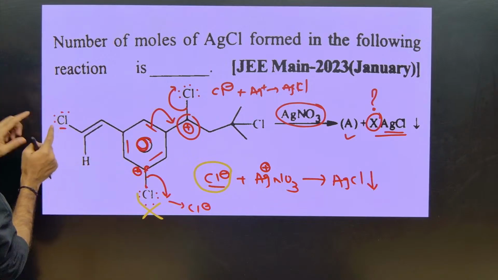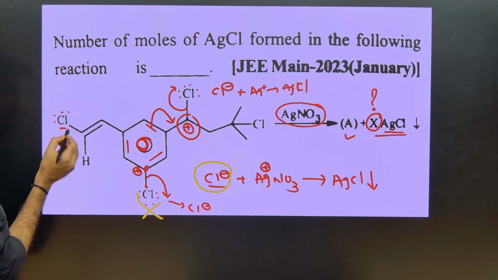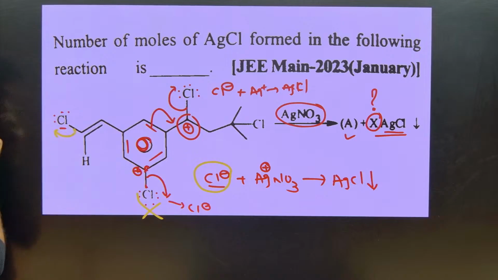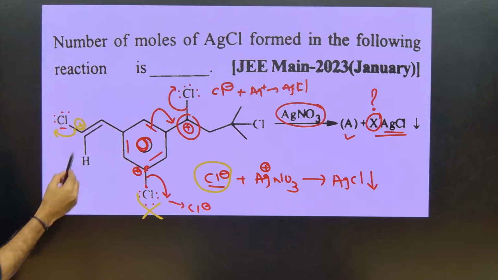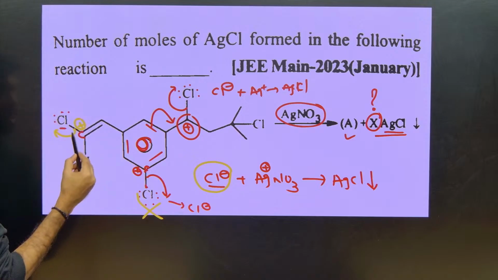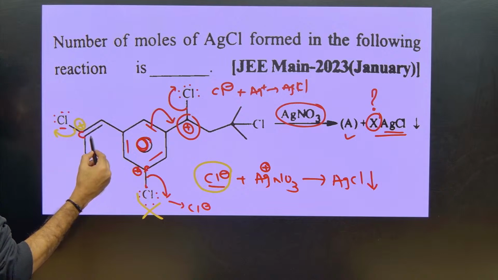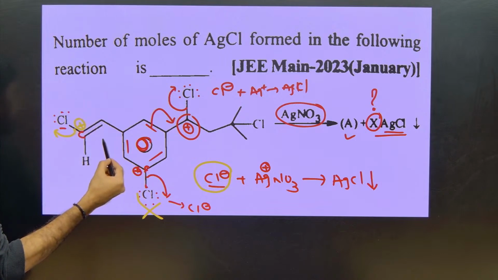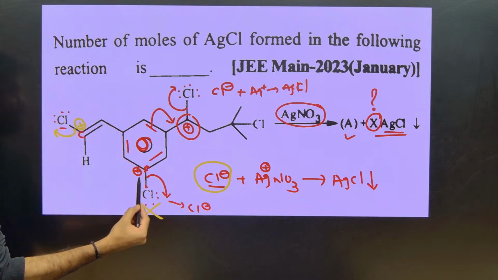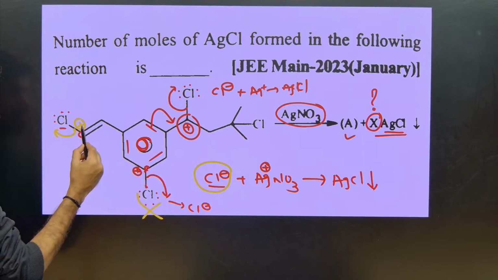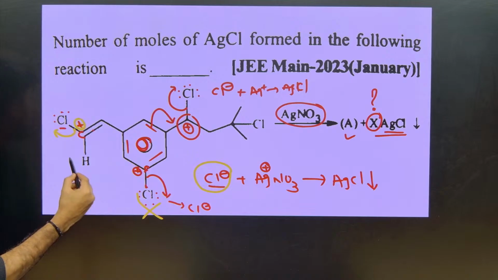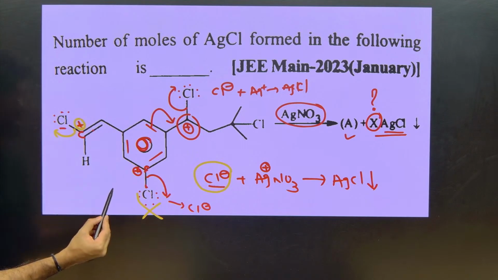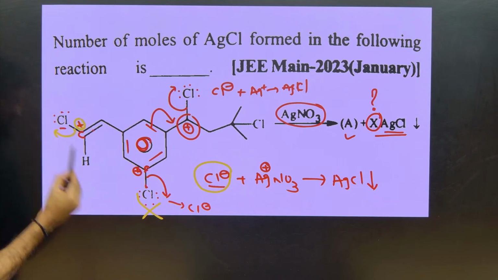Next let us move to this chlorine atom. If we remove this one, we will get a positive charge on this double bonded sp2 carbon, which is more electronegative because it has more s character than an sp3 carbon. Therefore the positive charge on a double bonded carbon, or triple bonded carbon, is highly unstable. Therefore this will not go out.